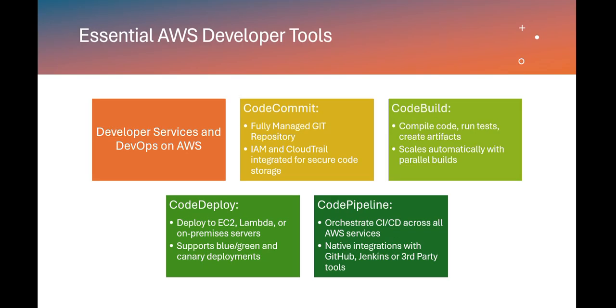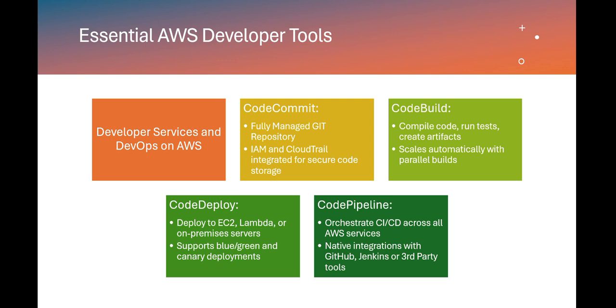And here are some of the essential AWS developer tools. First is CodeCommit, second is CodeBuild, and third is CodeDeploy and CodePipeline. CodeCommit is a fully managed Git repository, integrated with IAM and CloudTrail for secure code storage. CodeBuild compiles code, runs tests, and creates artifacts, and scales automatically with parallel builds.